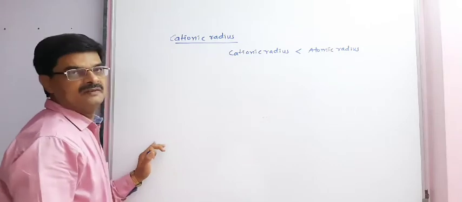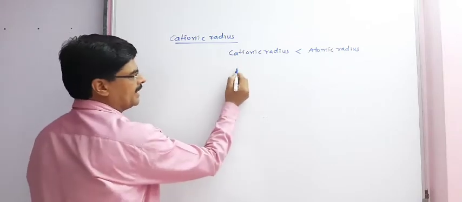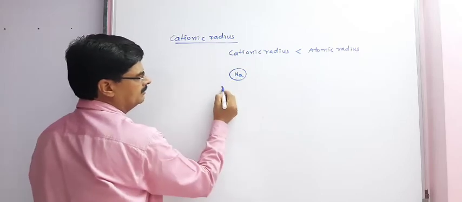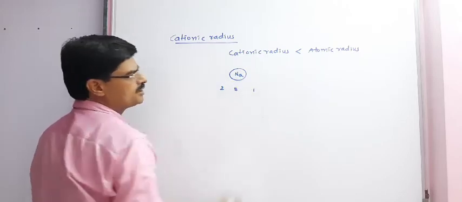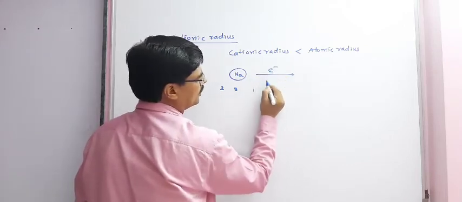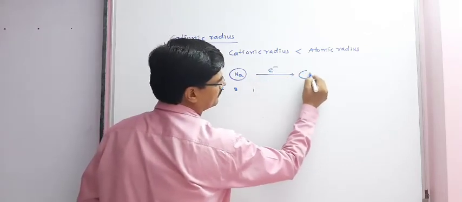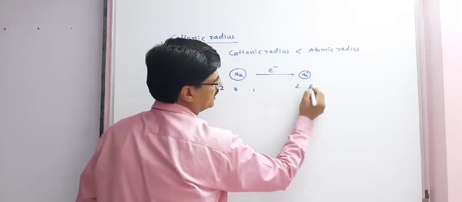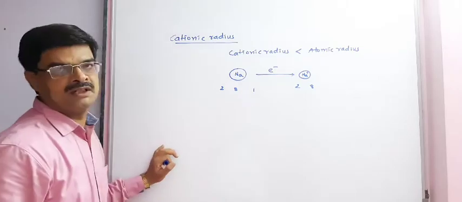To understand this, we can take the example of a metal like sodium. Sodium's electronic configuration is 2, 8, 1, but after losing an electron it forms a positive ion. The electronic configuration is 2, 8 only.